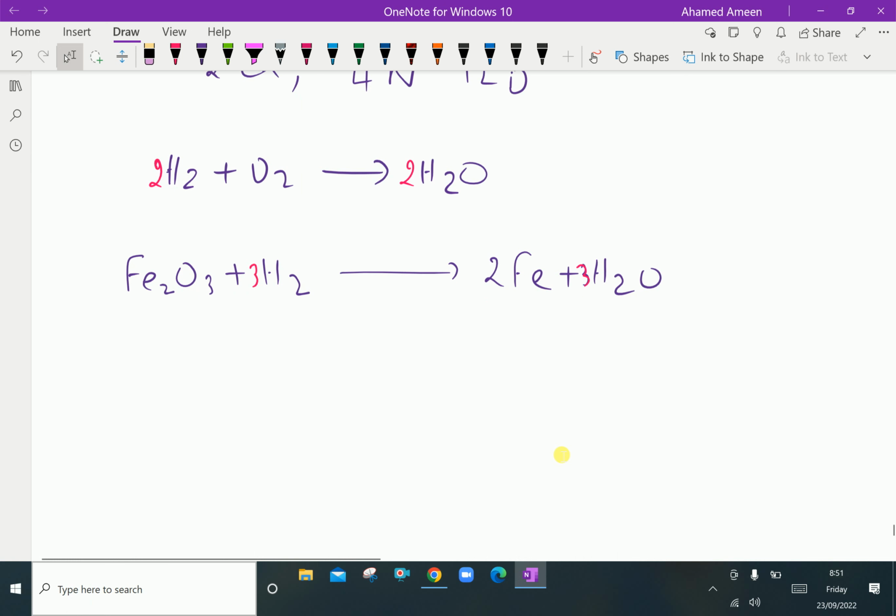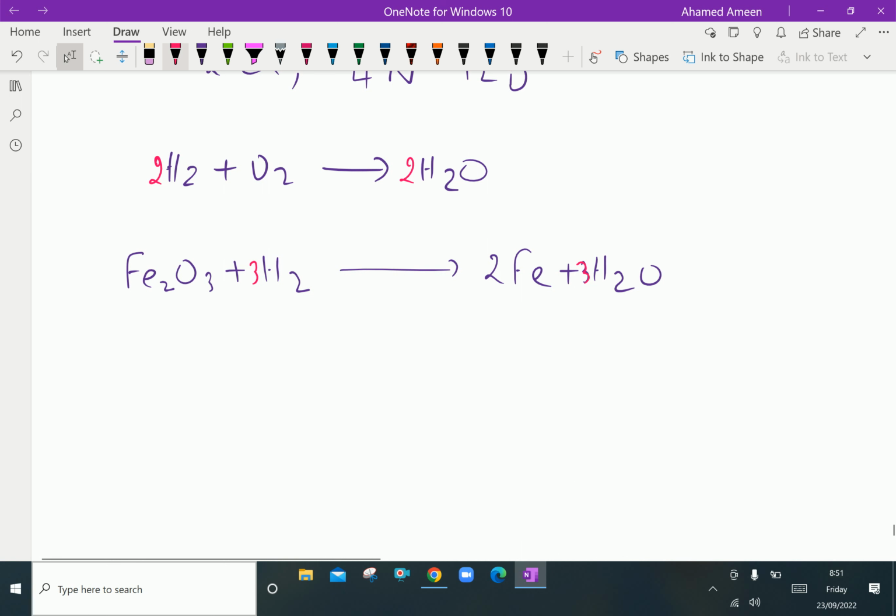Next we will balance an example, P4 plus O2 gives P2O5.